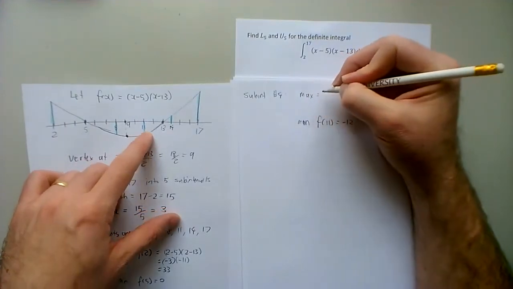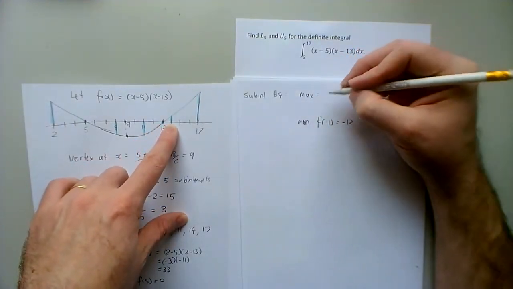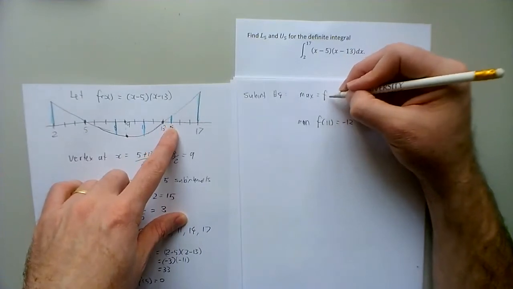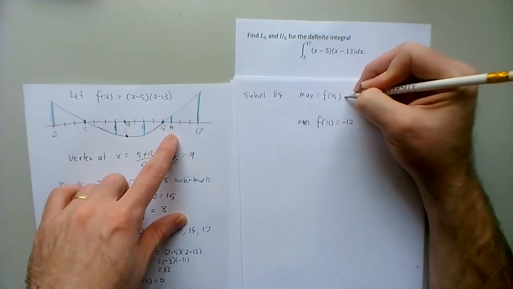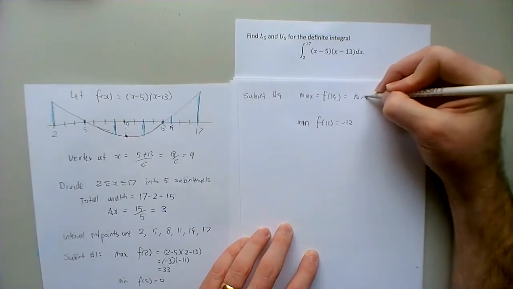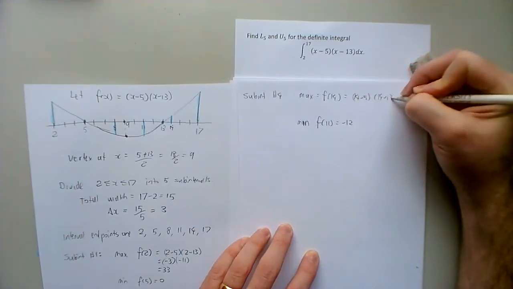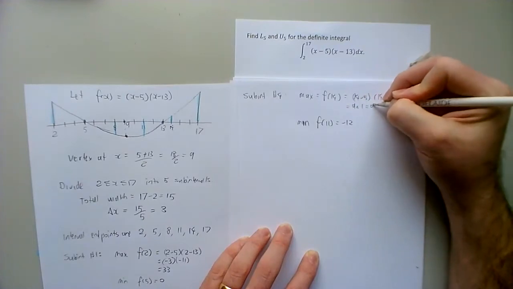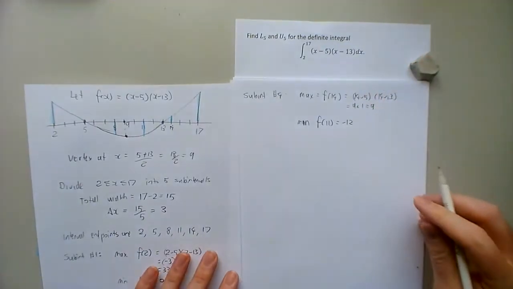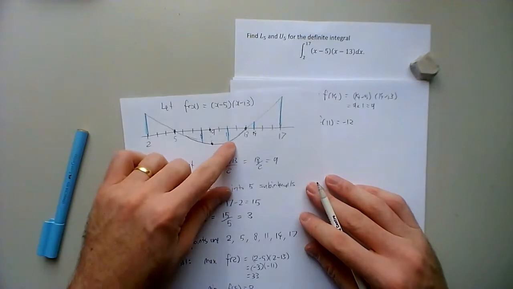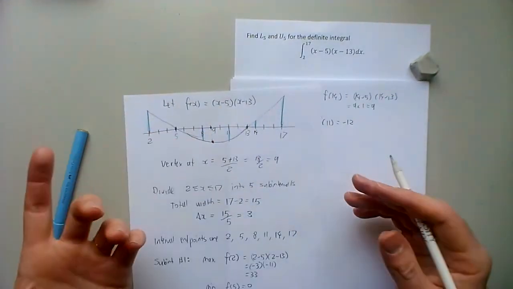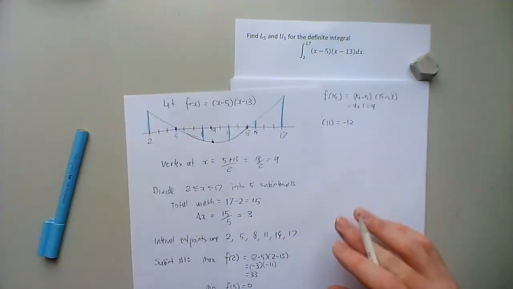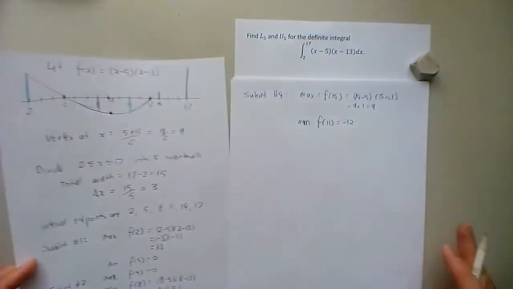And the maximum is going to be at this other end, which is f(14), which is 14 minus 5 times 14 minus 13, which is 9 times 1, which is 9. Interesting, the minimum's negative and the maximum's positive, but that's okay. Not a problem. That's perfectly all right with these things.